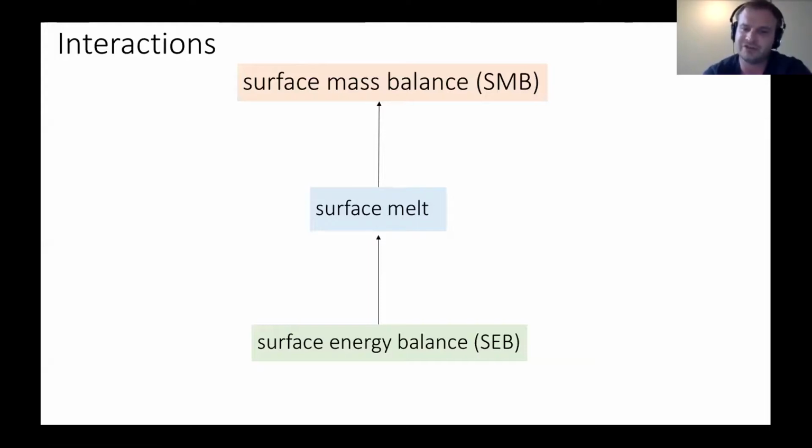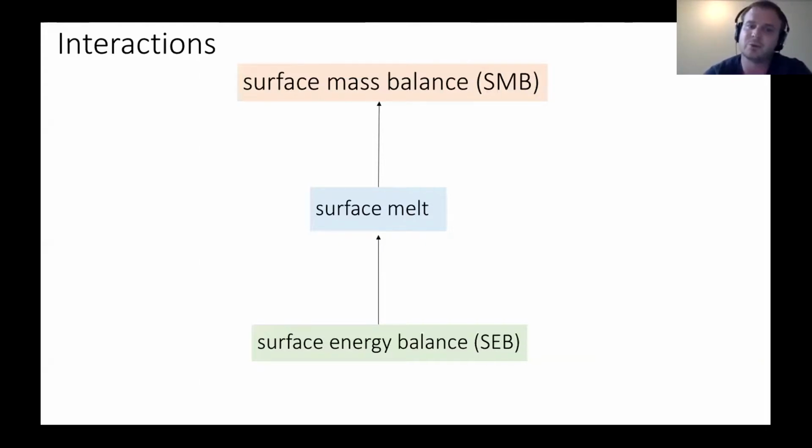So the surface energy balance is basically the amount of energy that is received by the surface. And when it's summer, the temperature can reach the melting point, and any excess energy that is available at that time will be used for surface melting. And surface melting is nothing else than the production of liquid water at the surface.